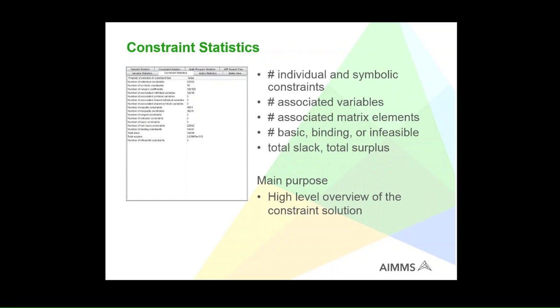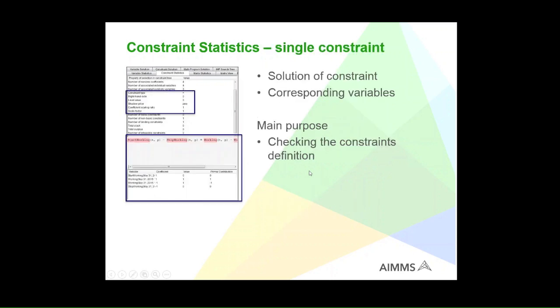The constraint statistics are very similar, except that now you see it for a particular constraint and not for a particular variable. So it shows binding constraints, non-basic constraints, basic constraints, and different types of constraints. And again, if you select a single constraint, you get the constraint type, the right-hand side, the level value.